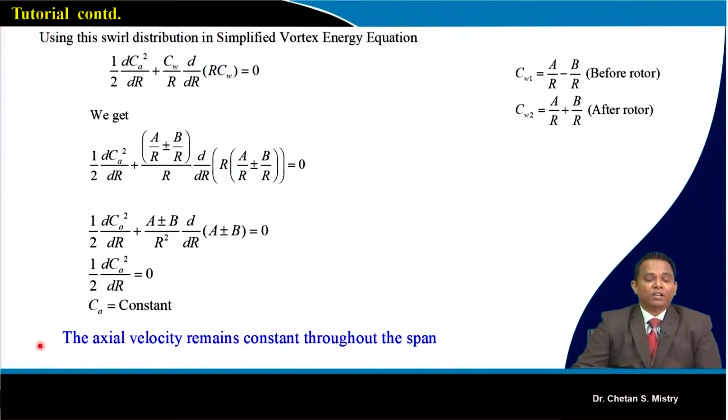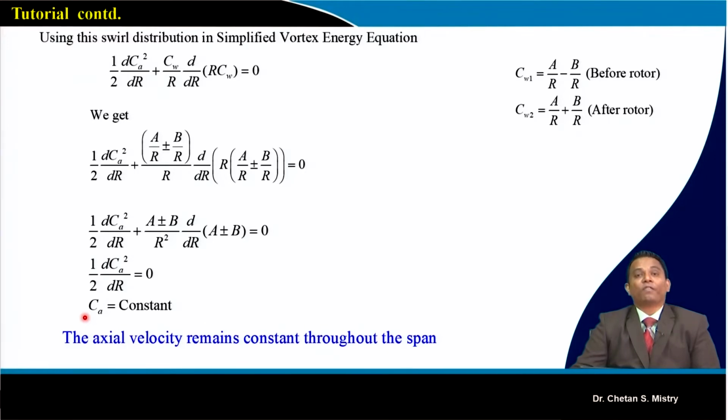Now, we have the axial velocity variation that we derived from the simplified vortex energy equation. In this equation, in place of Cw, we write A by R plus or minus B by R. Putting this in the formula, we get 1 by 2 dCa square by dr equal to 0. In that case, the axial velocity is constant.